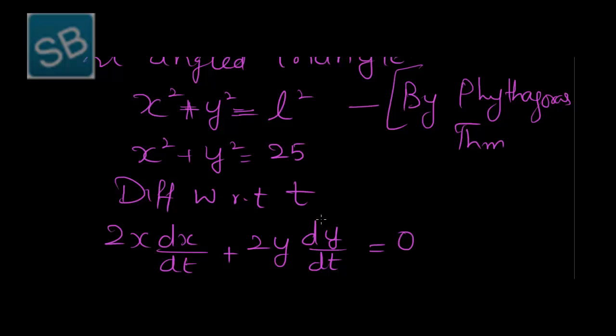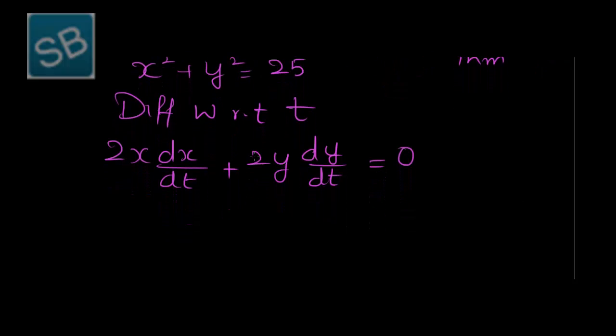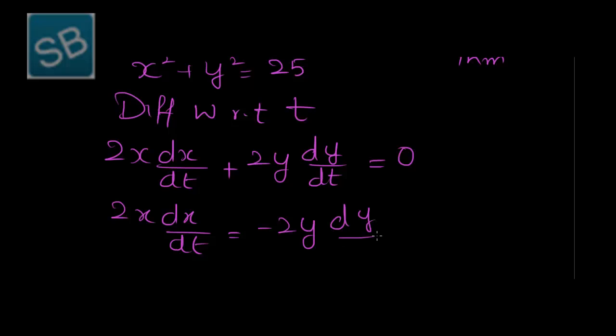So from here we get 2x dx over dt is equal to minus 2y dy over dt. As we have dy over dt 3 centimeter per second, we have to convert centimeter into meter, as the length of the ladder is 5 meters.